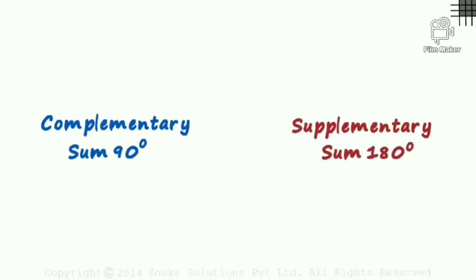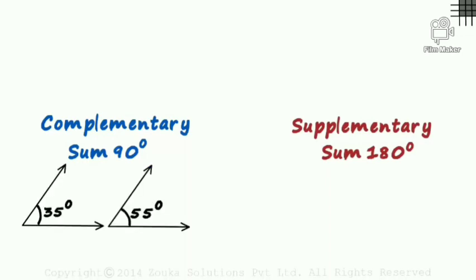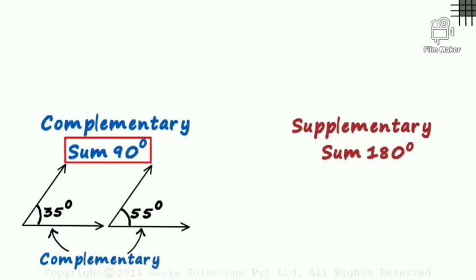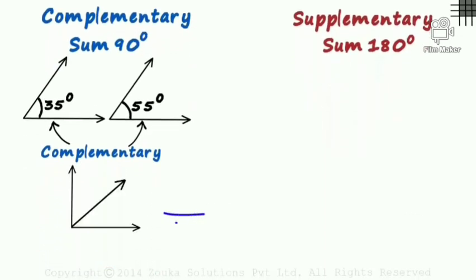At the same time, angles are said to be supplementary when their sum is 180 degrees. The concept is the same, but here they add to 90 degrees, and there they add to 180 degrees. See here, two figures. The first angle is 35 degrees and the second angle is 55 degrees. By adding those two, 35 degrees plus 55 degrees, you get 90. So you can call those complementary.